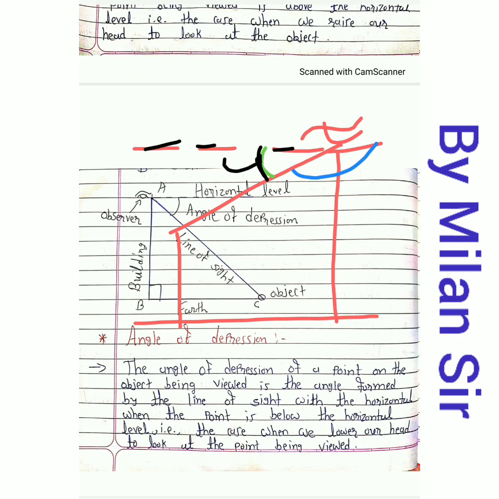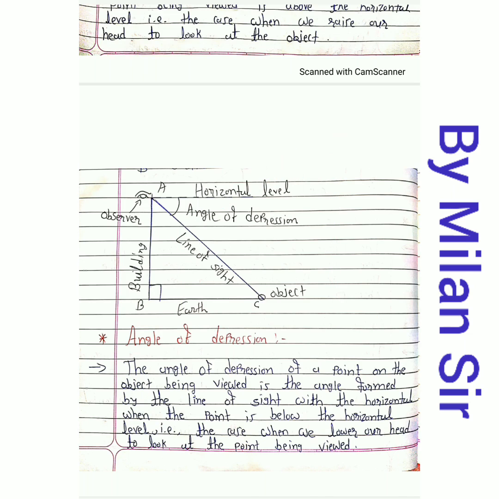The angle created between the line of sight and the horizontal. Same thing in elevation, we need to consider the acute angle. In angle of elevation, again a total of two angles are possible, this and this, but we need to consider this acute angle. So in both cases we need to consider the acute angle.